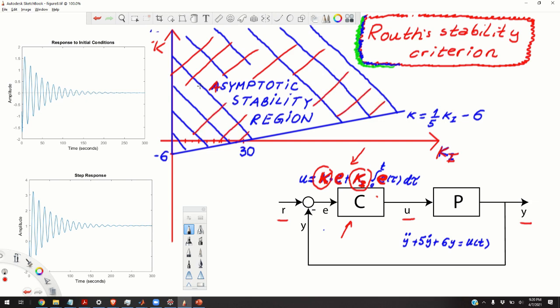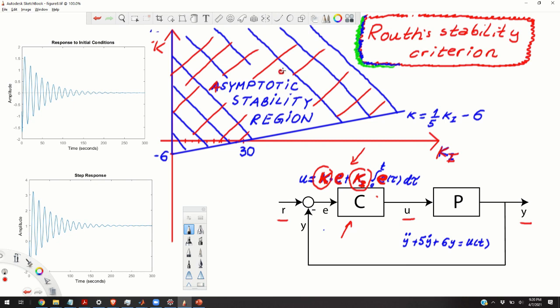This region is bounded by the line K equals 1 over 5 Ki minus 6, and the parameter Ki should be larger than 0. I will teach you how to use the Routh stability criterion to compute this region.